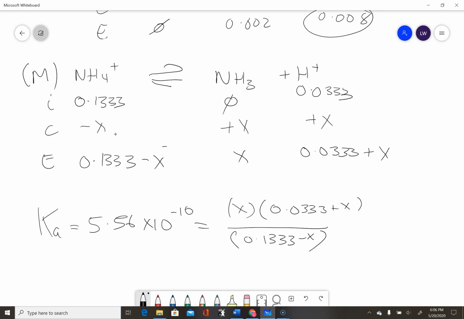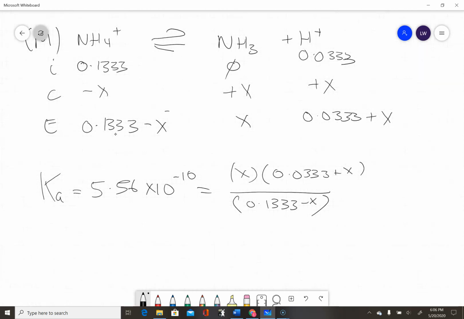And because it's so much quicker, I'm just going to use the solver to solve for x. So I'm going to go into my solver and I'm going to get an answer for x. It turns out that that number is very, very small. It is 2.226 times 10 to the minus 9 moles per litre.